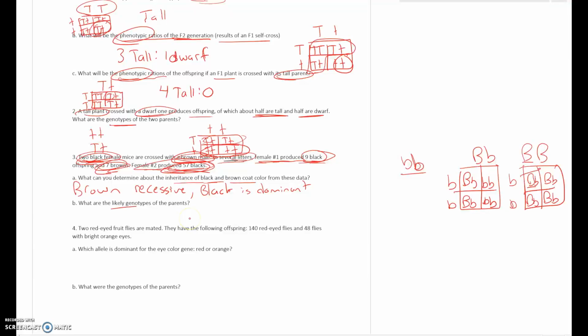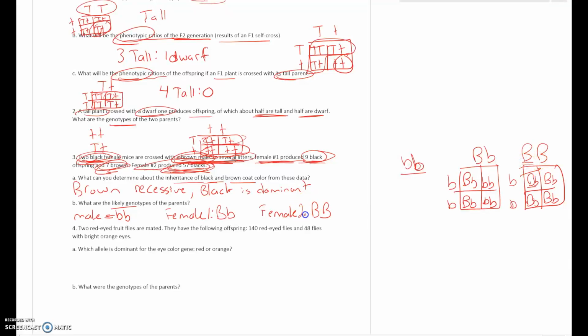So the likely genotypes of the parents: the brown male is probably little b, little b, because that's recessive. Female 1 was most likely heterozygous, big B, little b, and female 2 is most likely homozygous, big B, big B. Now we don't know this for sure.